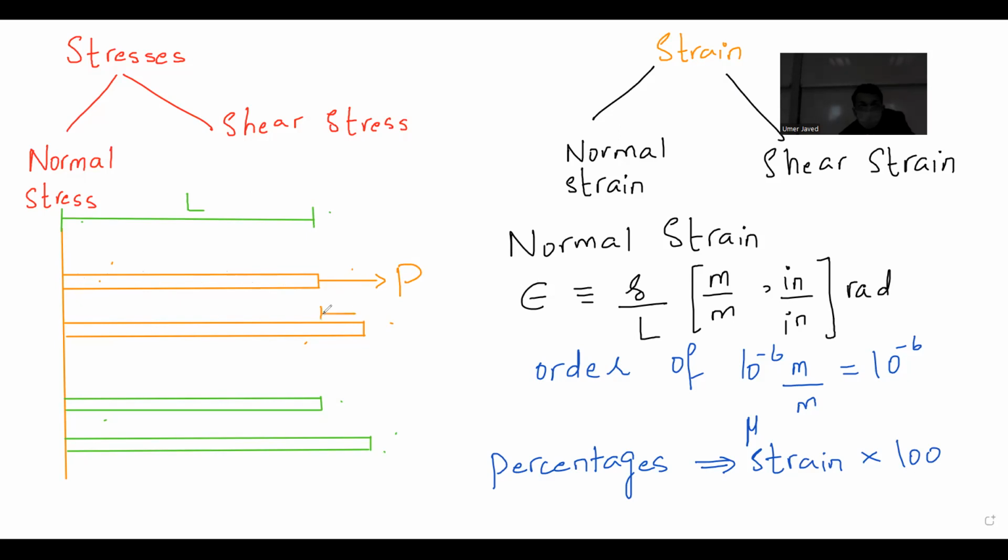This is your delta, change in length. Let me make another example very quickly. Again, this is highly exaggerated. You don't see such kind of huge deformation. I'm just exaggerating. Now I have a P here.